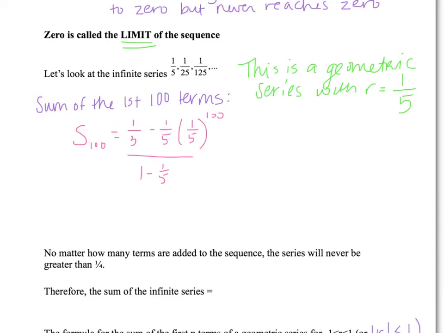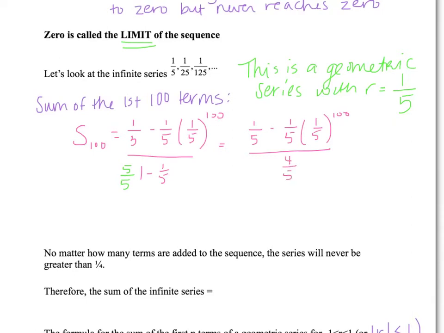When I simplify this, looking at the bottom, I'm going to keep the top the same. 1 minus 1/5 times 1 over 5 to the 100. The 1 is the same as 5 over 5, so the bottom simplifies into 4 over 5.